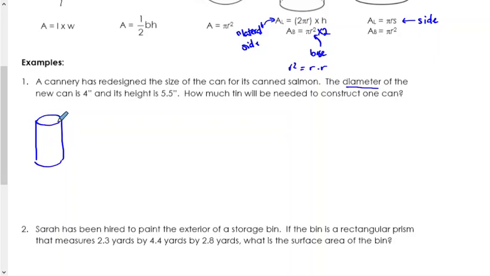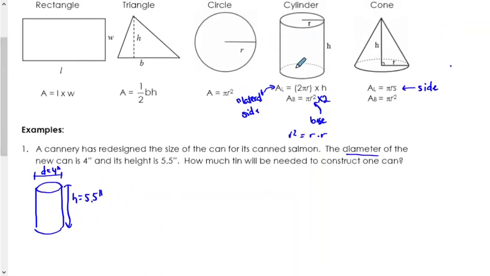Okay, so I have my cylinder. So I like to draw a picture first. Okay, so the diameter of the can is 4 inches. Okay, and its height is 5.5 inches. Now, my formula for the surface area of a cylinder, to see how much tin is going to go around this can, if I'm finding my side, is 2 times pi times r times h.